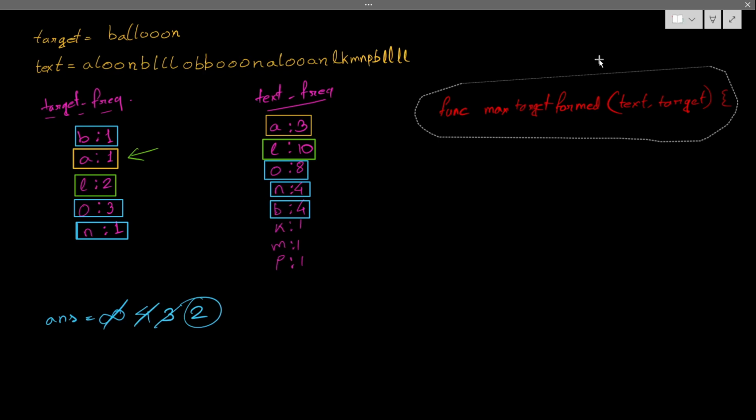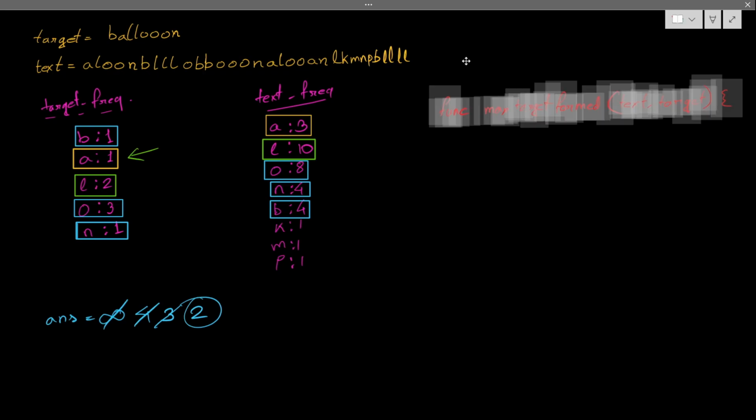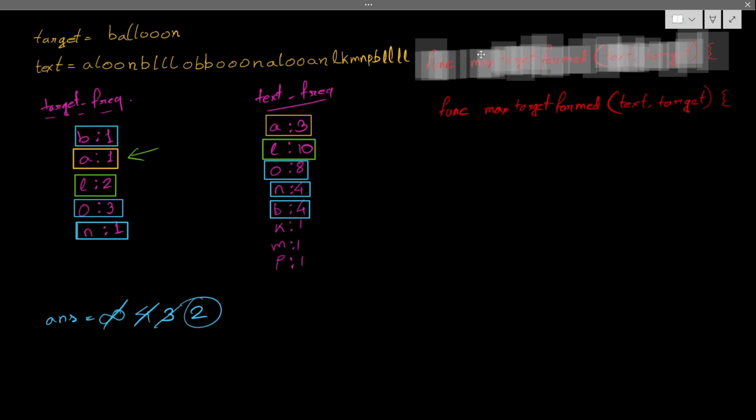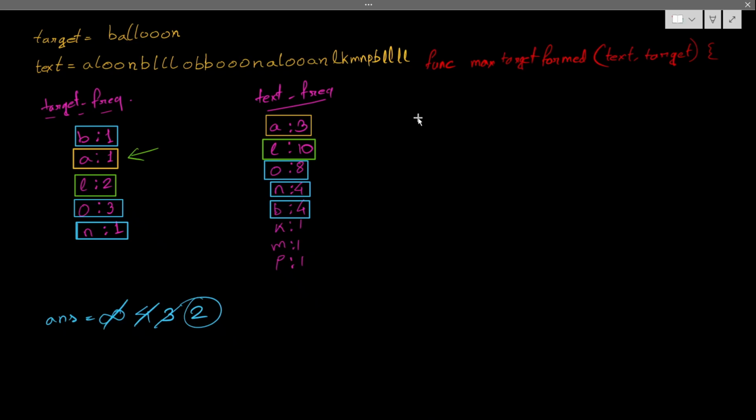First, our target is to create two frequency maps. One is the target frequency and the other is the text frequency.